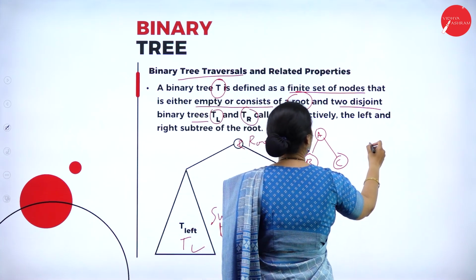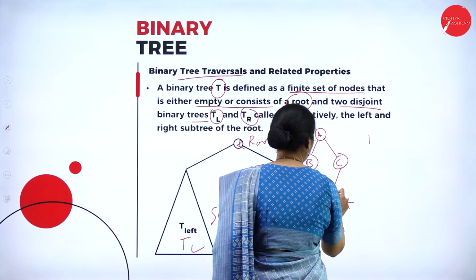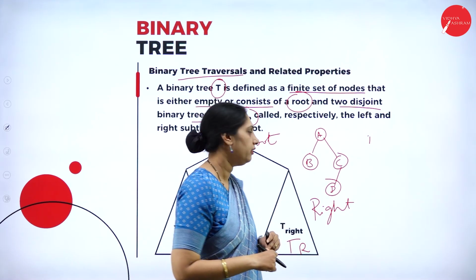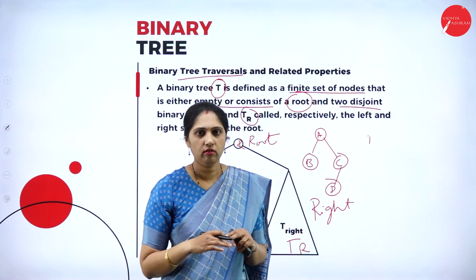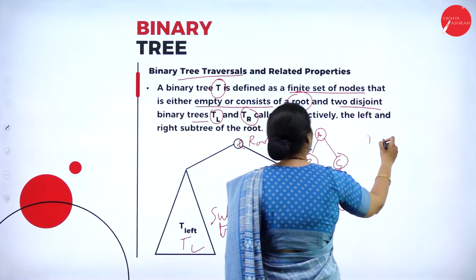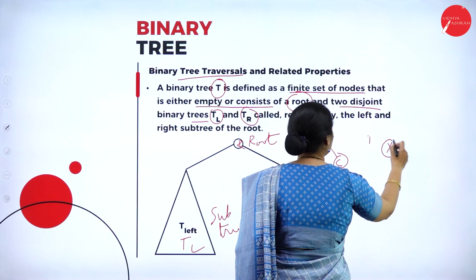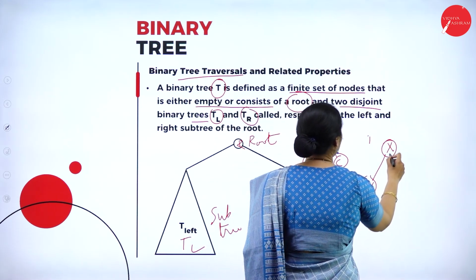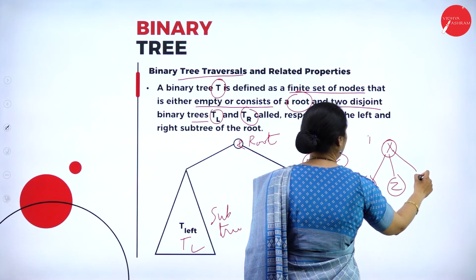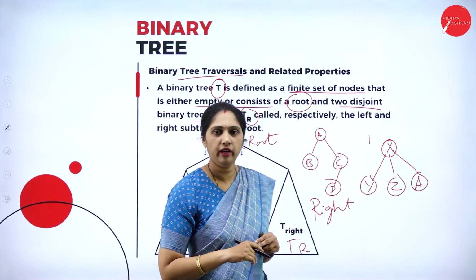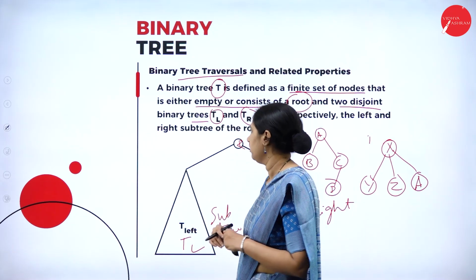Or even this, and again I join with a D; it has 1 subtree, and this is also a binary tree. It can have 0, 1 or 2, maximum 2, not more than 2. If I take one more example, say X joined with Y, Z, or again starting with A, here you have 3 of them, so it is not a binary tree. So that is the difference.